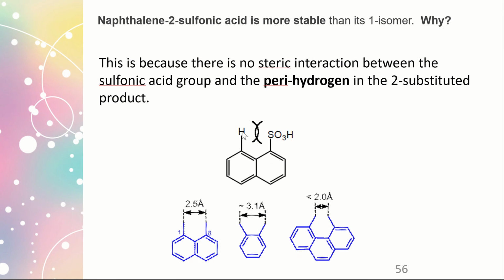So this is the peri-hydrogen, and there's no steric interaction between the sulfonic acid group and the peri-hydrogen in the 2-substituted product. And that is why the naphthalene 2-sulfonic acid is more stable than its 1 isomer.